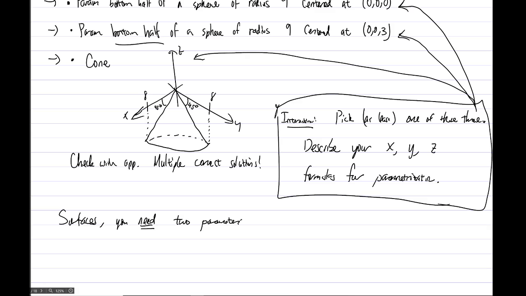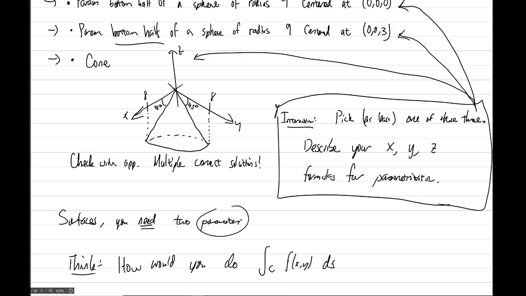Okay, and again, I can't stress enough how important this parameterization topic is. I mean, think about it. Think about the following thing. How would you do the line integral over curve C of f of x comma y ds without parameterization?